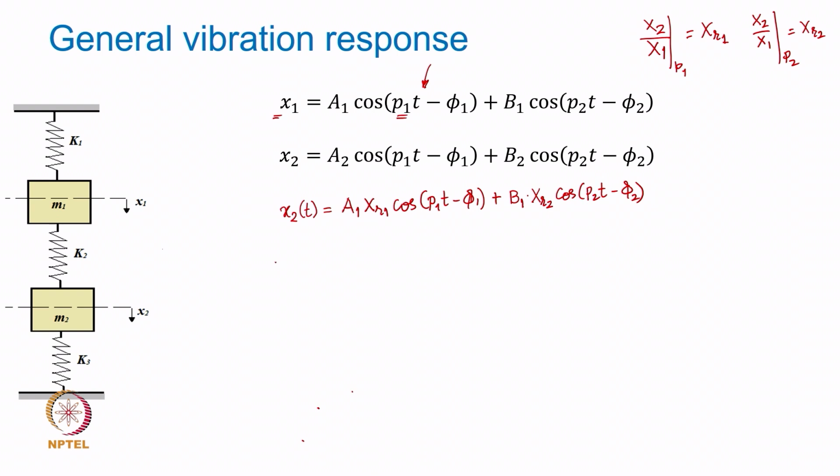Okay. So, in fact, in a more formal way, I can write this in a matrix form as equal to A1 or xr1, or xr1, I may like to use B1.